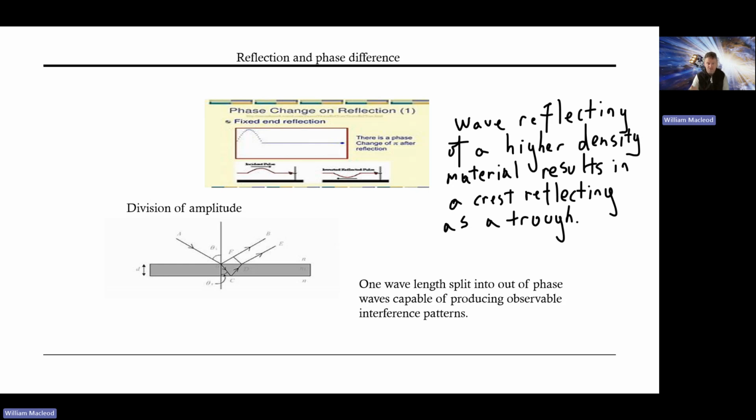So you get a phase difference when a wave reflects off a higher density material. Now at the bottom left-hand side of the slide, we've got a wave which has been reflected and refracted, and this creates a phase difference which can then be used to get an observable interference pattern.